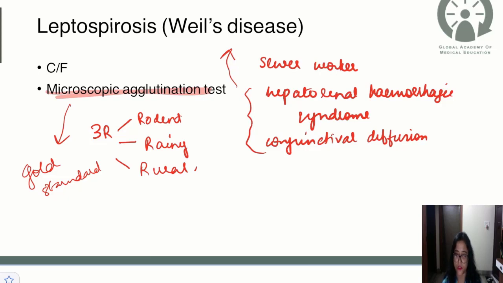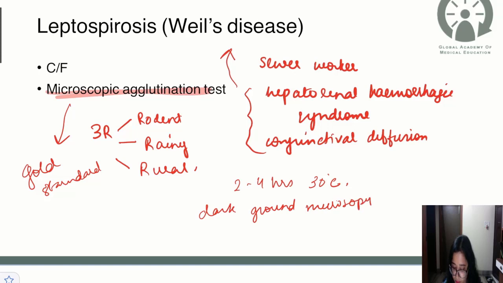Then we will incubate it for 2 to 4 hours at 30 degrees Celsius, and then we will take the suspension and observe under dark ground microscopy. There we can clearly demonstrate the leptospira.